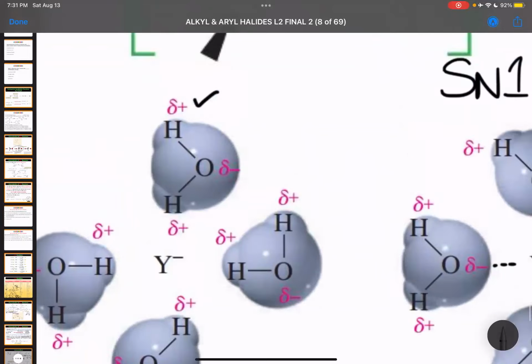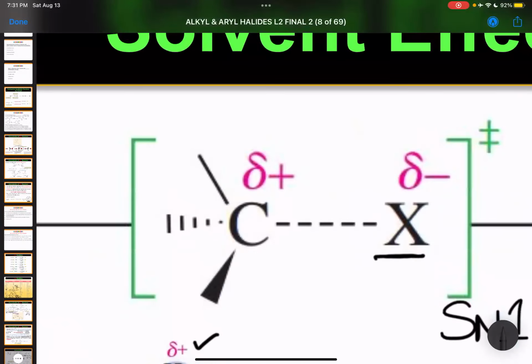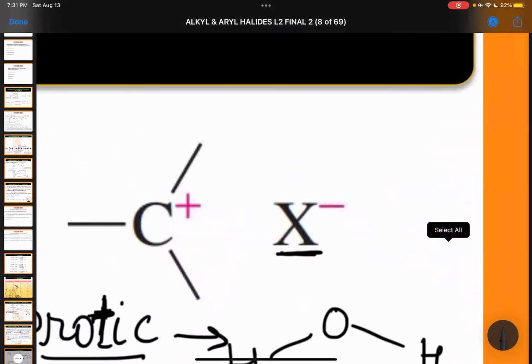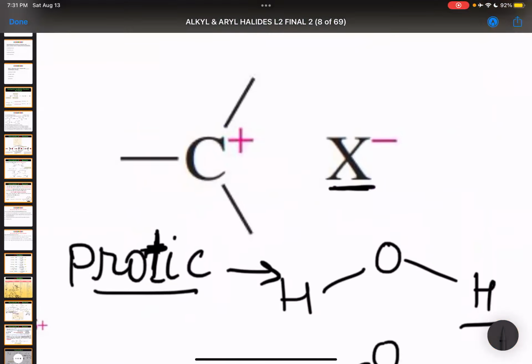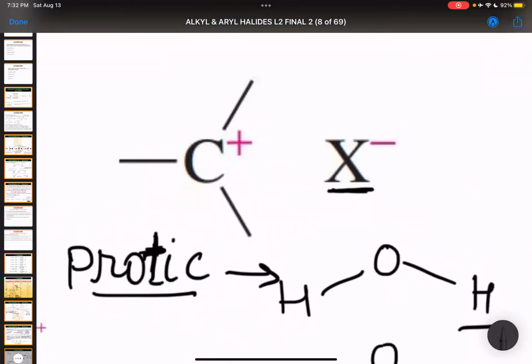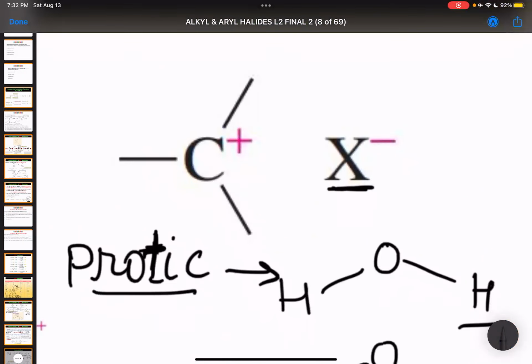Suppose the leaving group is minus. Why will it come out? Why will a bond break? Bonds don't break on their own, so someone must be helping them break away. And who is that someone? That is the solvent. And what kind of solvent do you need? You need a polar protic solvent.